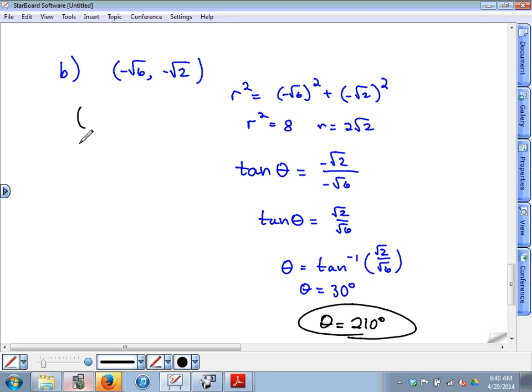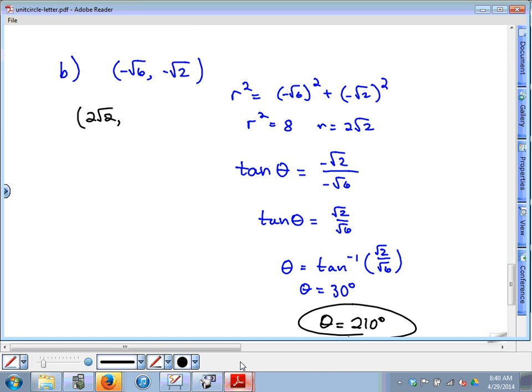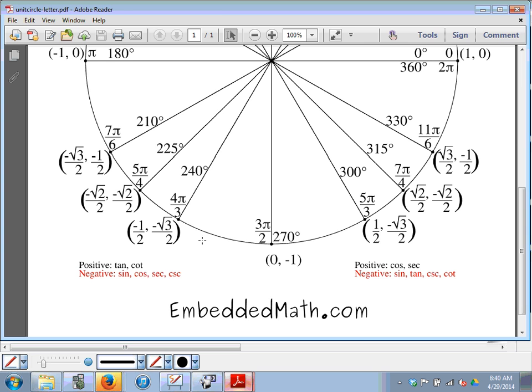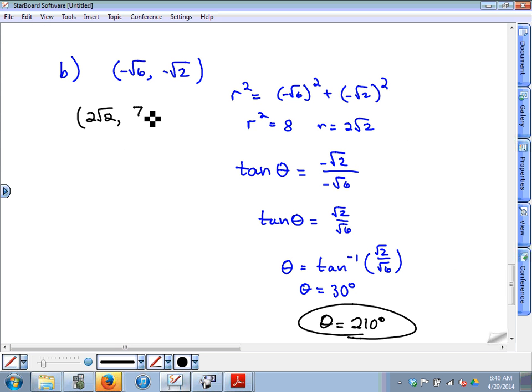So the point in polar form is 2 square roots of 2, comma, well, 210 degrees. We actually want this in radians. So yeah, 210, that's 7 pi over 6, exactly. There you go.